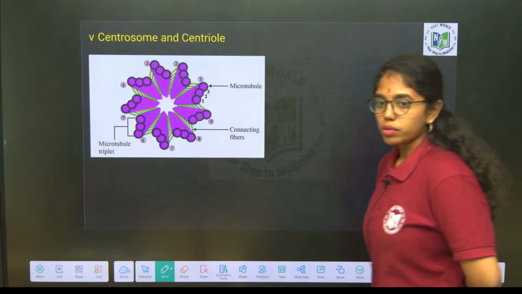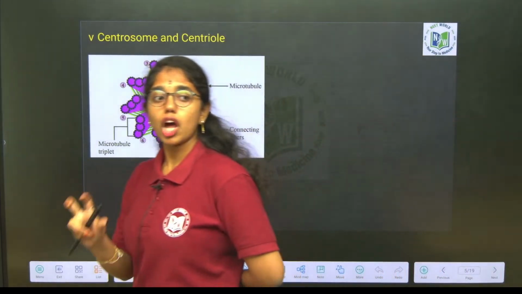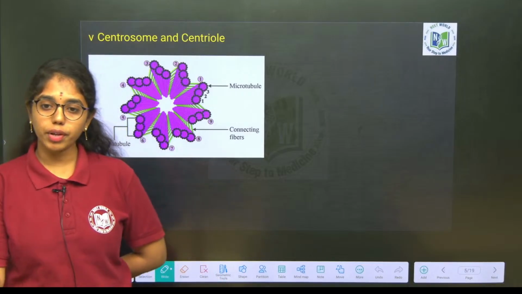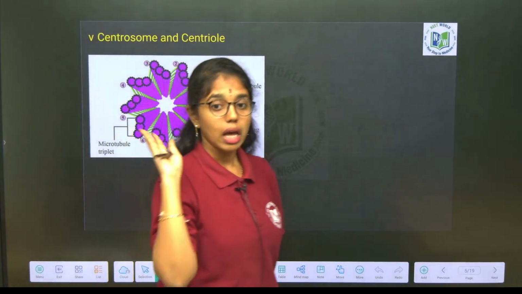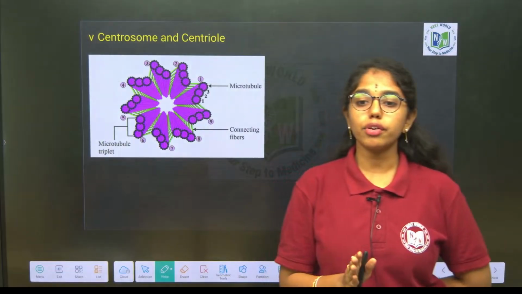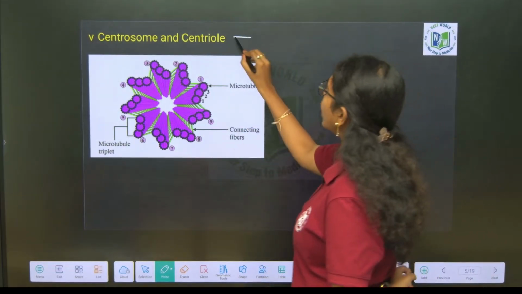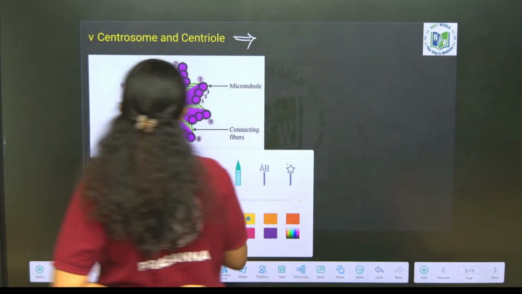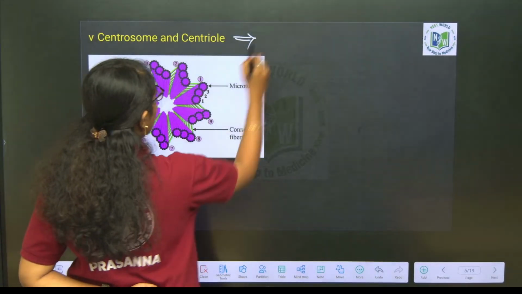Next, centrosome and centrioles. So, ribosomes, which are non-membrane bound organelles, are observed in prokaryotic cells and eukaryotic cells. But centrioles or centrosomes are observed only in the animal cell.